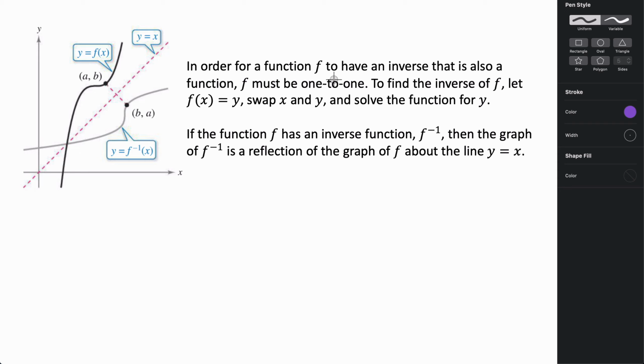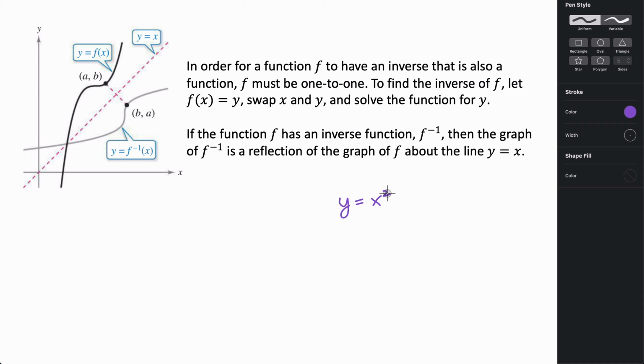So what does 1-to-1 mean? 1-to-1 means that our function has only a unique output for every input, but also every output comes from only one input. An example of a function that is not 1-to-1 would be something like y equals x squared.